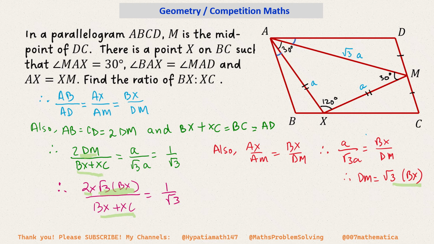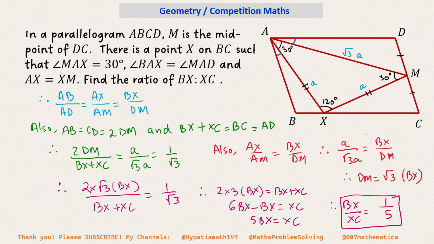So if you multiply root 3 times root 3, that would be 3 times 2, that is 6 BX is equal to BX plus XC. So we can say 5 BX is equal to XC, or BX out of XC is equal to 1 out of 5. So the answer is, the ratio is 1:5, and that's the answer.